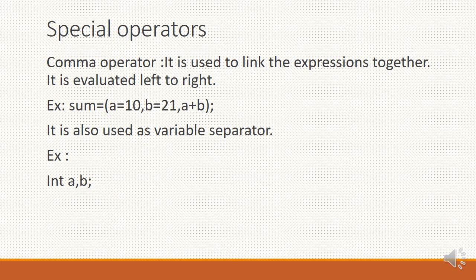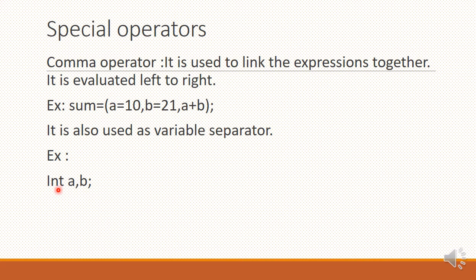Other than this, we have some special operators. The first one is called the comma operator. Knowingly or unknowingly we are using this comma operator. It is a special operator available in the C language that we usually use to separate variables.